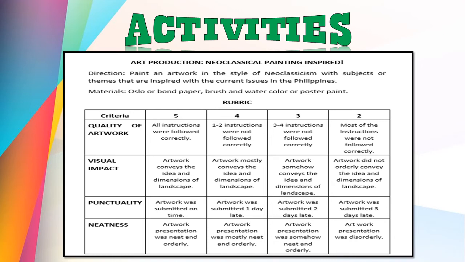Paint an artwork in the style of neoclassicism with subjects or themes that are inspired by the current issues in the Philippines. What materials are you going to use? Oslo or bond paper, brush and watercolor or poster paint. The rubrics: criteria, quality of artwork, visual impact, punctuality, neatness. The highest score is 5 and the lowest score is 2 in each criteria.